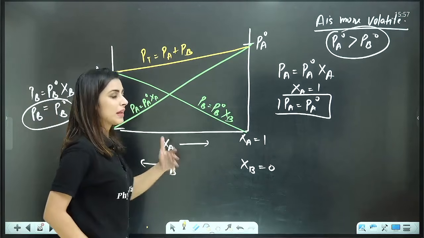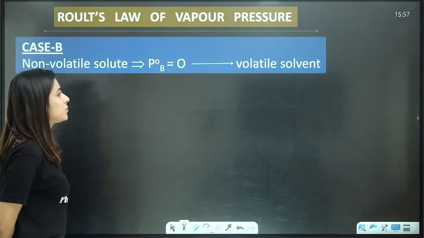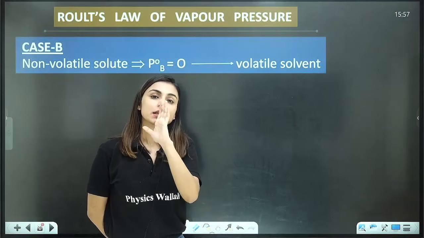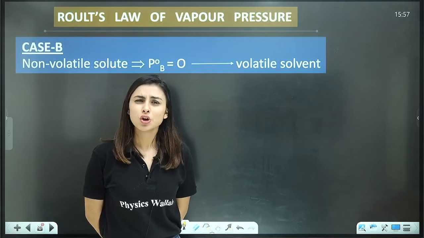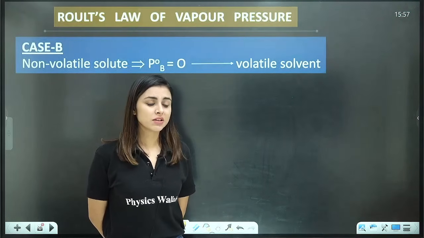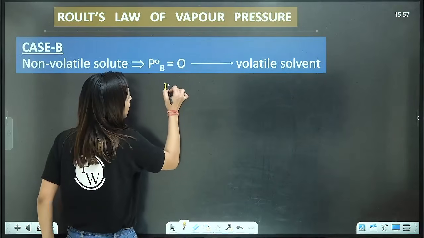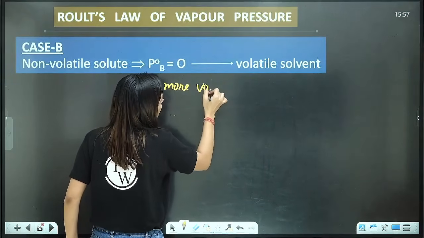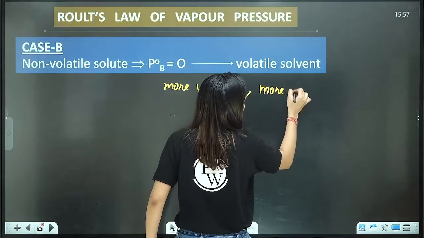Okay, let's move forward. What would be the next process? Now, next process is what if you see that out of the two components, one is volatile and one is not volatile. Non-volatile means, again, my dear students, volatility refers to the vapor pressure, right? We would say more volatile, more vapor pressure.